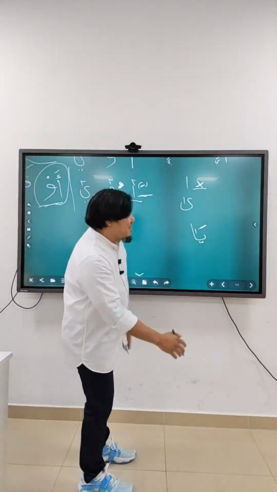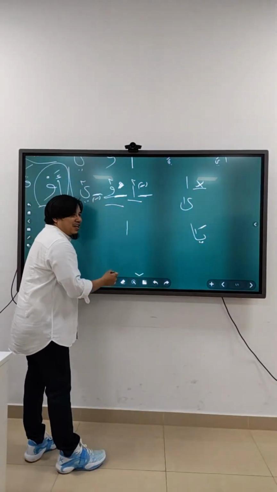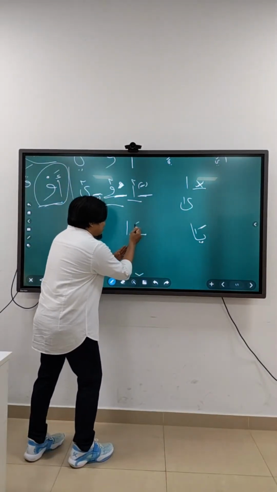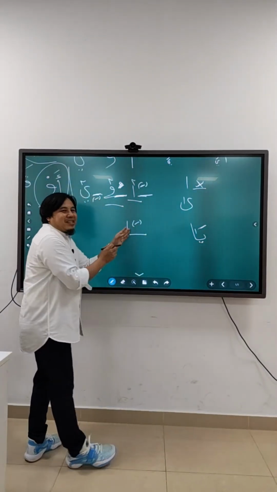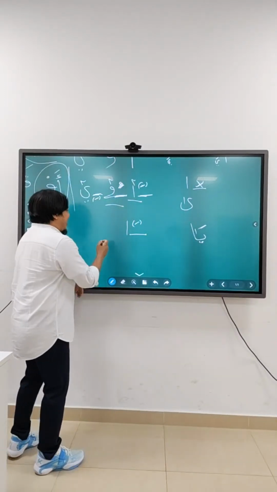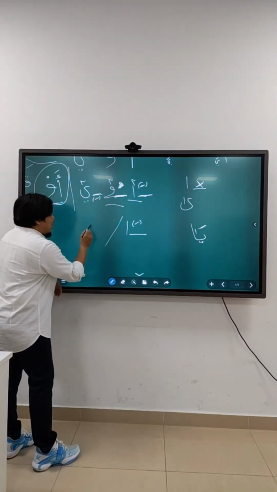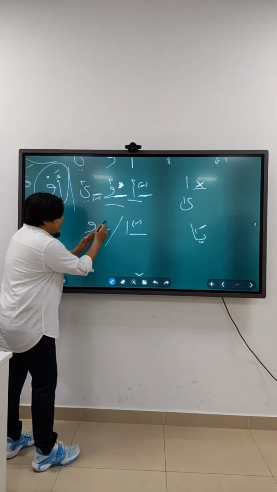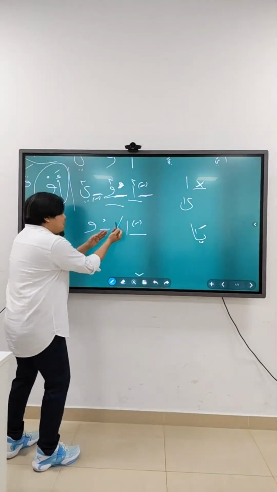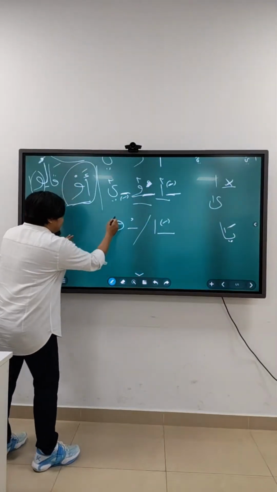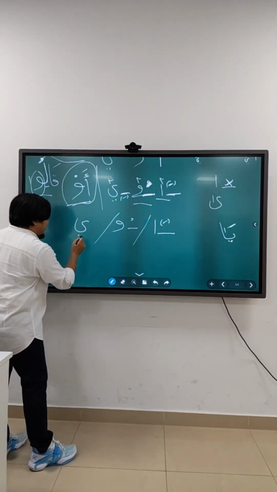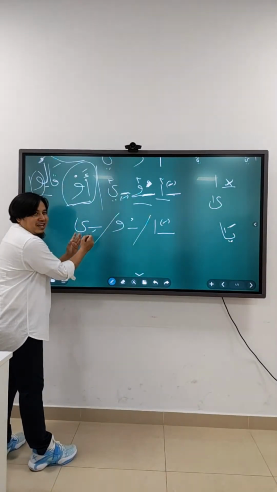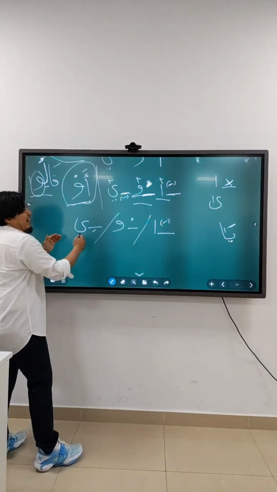See the difference, okay? Prolongation alif, any consonant letter here will start with having fatha, then next waw. Any consonant letter here will always have dhamma and then ya. Any consonant letter here will always have kasra, i, to prolong i.